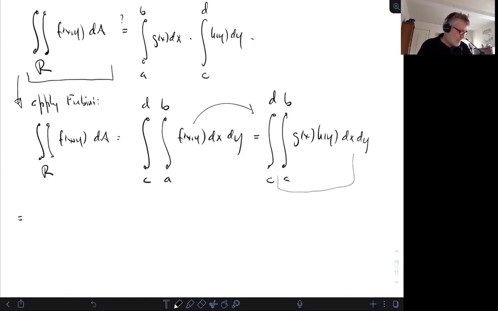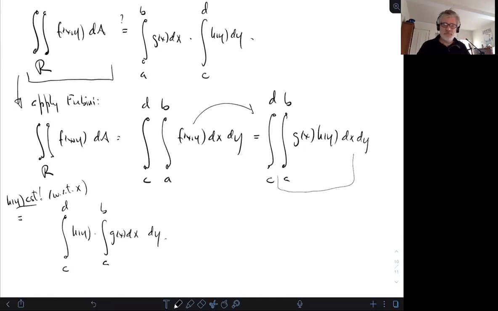I can factor it out. So h of y is constant with respect to x, so I can factor it out of the inside integral. So this is the integral, c to d, h of y times the integral a to b, g of x, dx, dy.